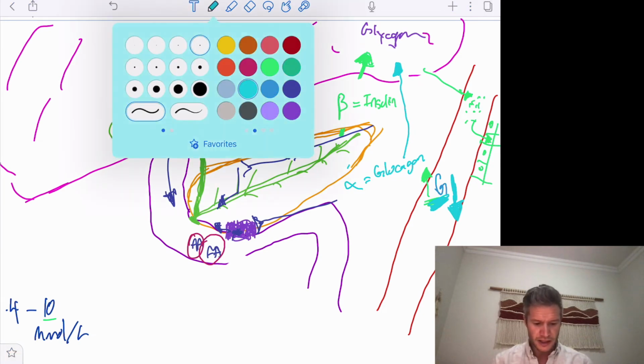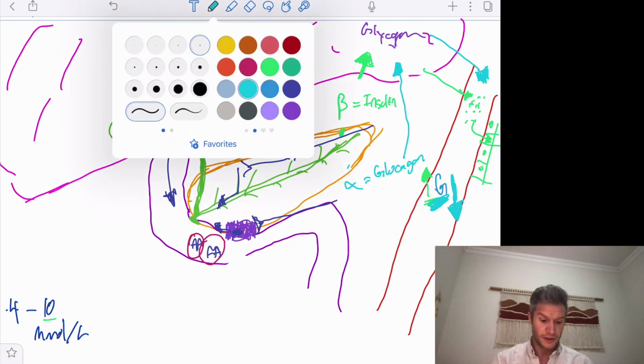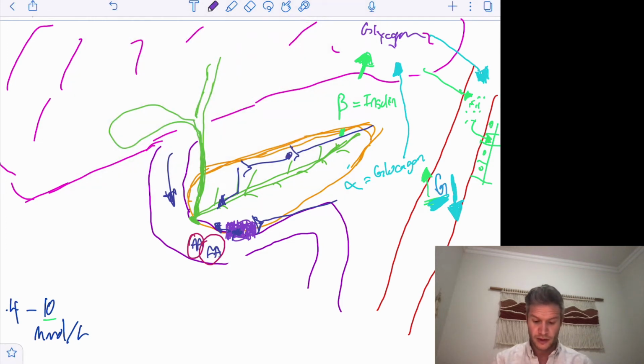Glucagon causes that to get released into the blood as glucose. So again, glucagon, now it's glucose. And that will help find homeostasis for blood sugar levels again.